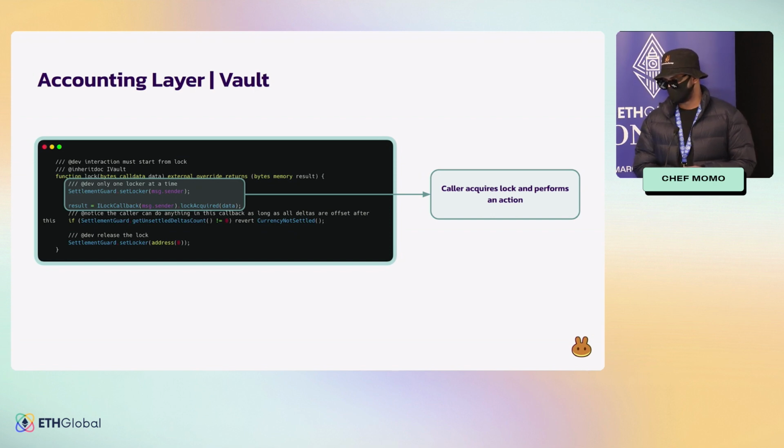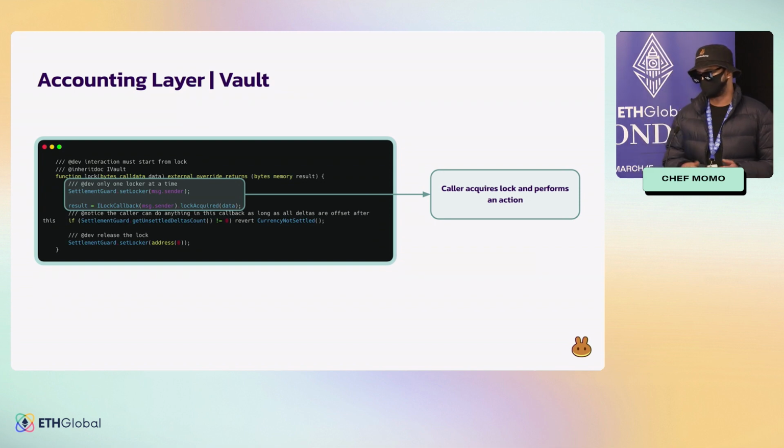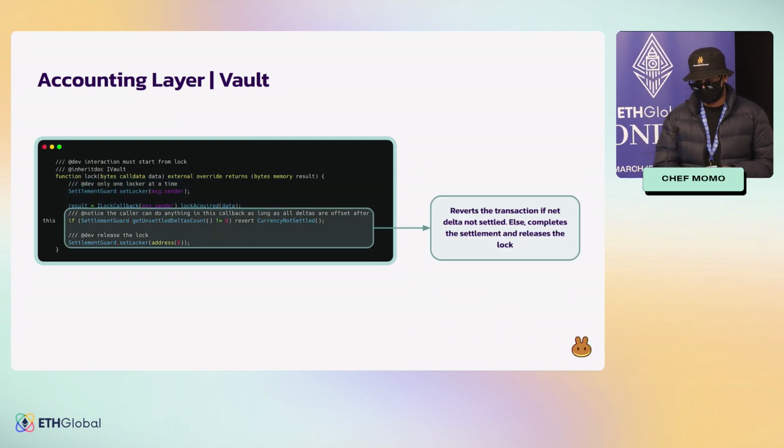The method lock basically helps the caller acquire the lock and perform any action like we discussed. And then the net delta, you can assume the net delta is the net settlement of the currency which is owed by or to the caller. If that is not settled, then the transaction is reverted. Else, the transaction is completed and the lock is released. So this is the method lock.